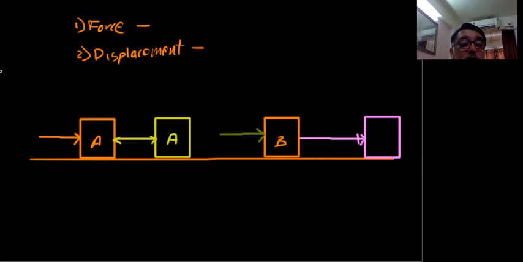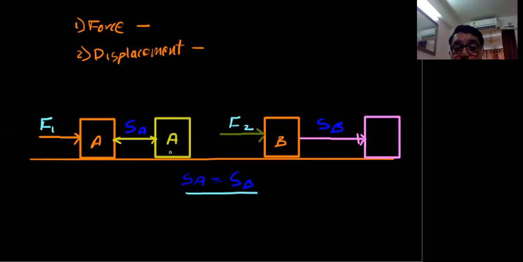So let me just write it down. This is the displacement for box A, and this is the displacement for box B. Now what we are saying is that if the displacement of both the boxes is exactly same, that means displacement of A is equal to displacement of B. The force applied over here, let's assume is F1, and the force applied over here is F2. Both the boxes are displaced by exactly same amount.